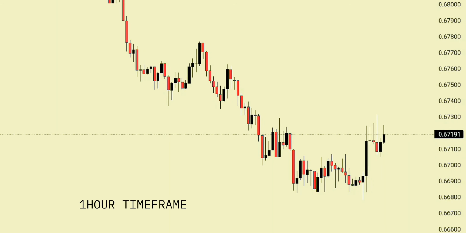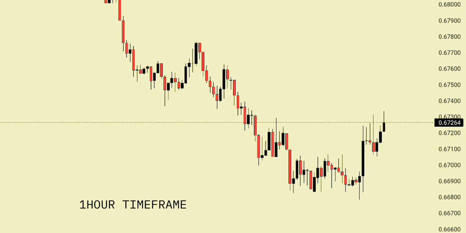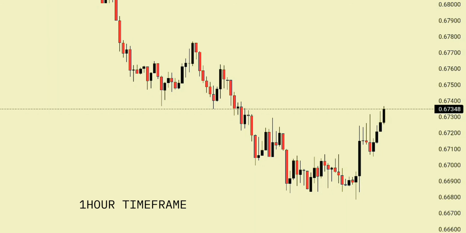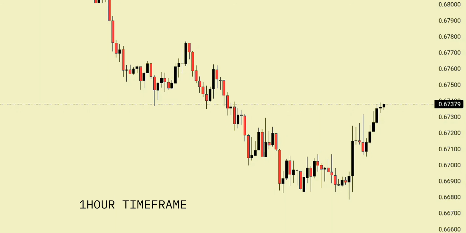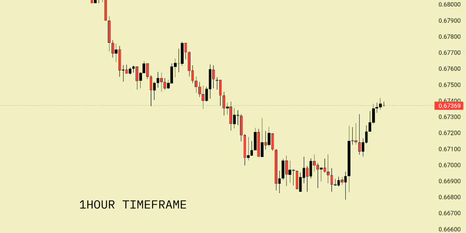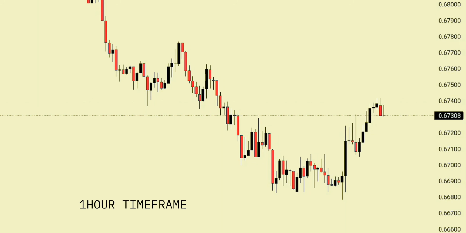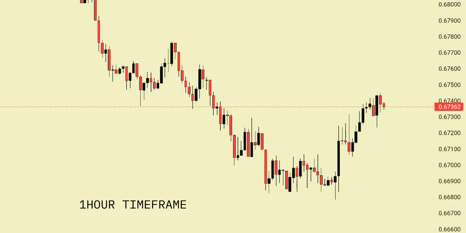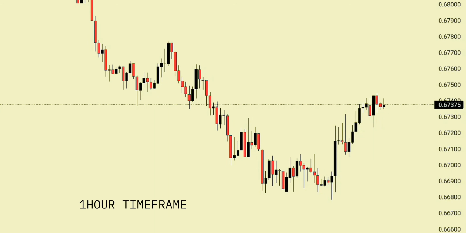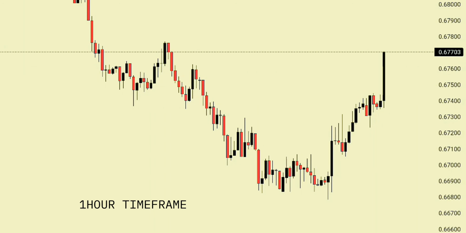Before marking any zones, we first look at the overall market context. We always want to understand who's in control of the market, buyers or sellers. In this case, gold on the 1-hour time frame is showing a clear bearish environment. The market has been forming lower highs and lower lows. Every upward move is simply a retracement, and every downward push continues the main trend.